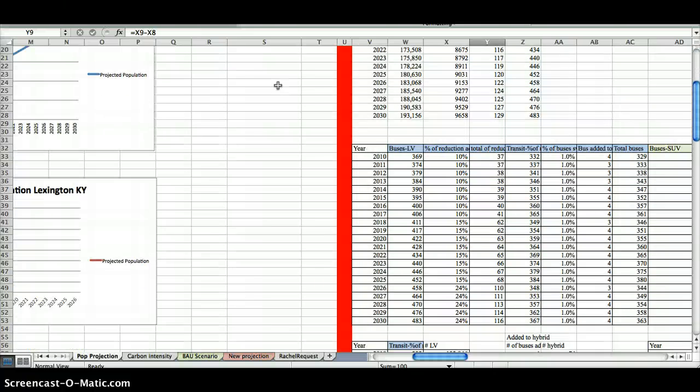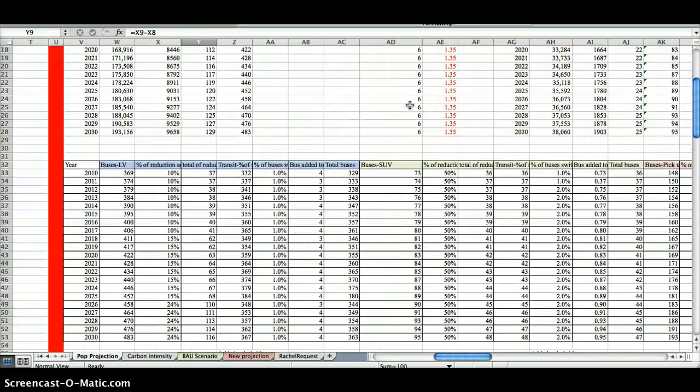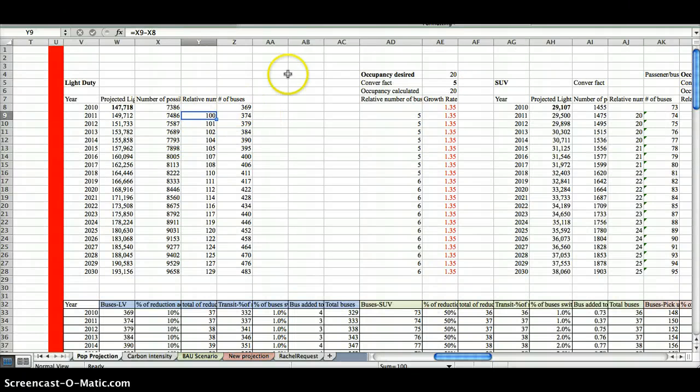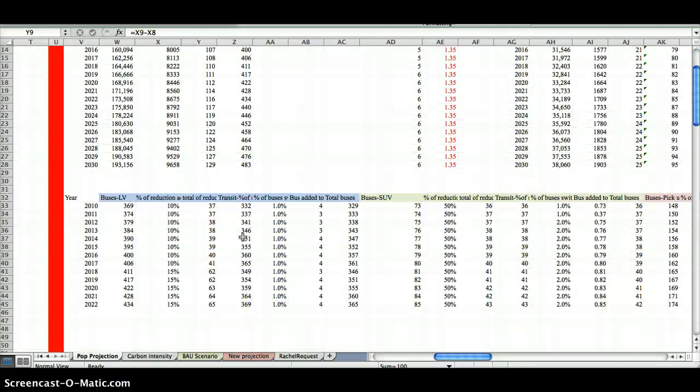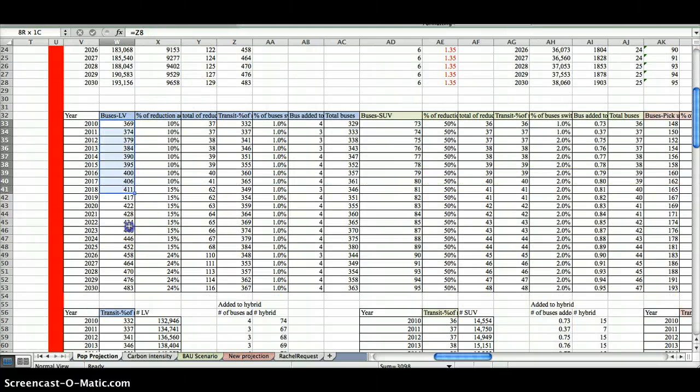So I made a compilation table with this number of buses according to these characteristics. I can implement a percentage of reduction for each year, of how many buses are going to migrate to transit, and the total reduction of buses. So I can set 10 or 5%, and it will be reflected in the final number of buses.